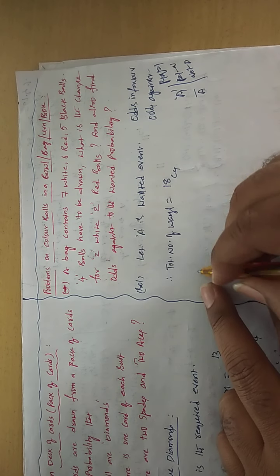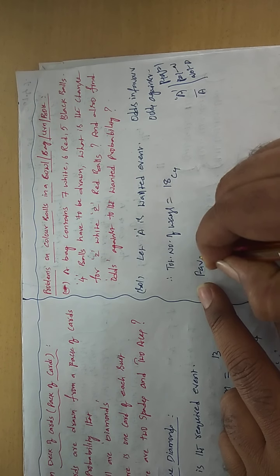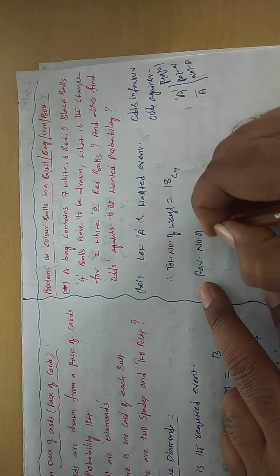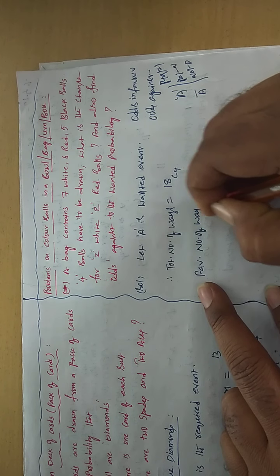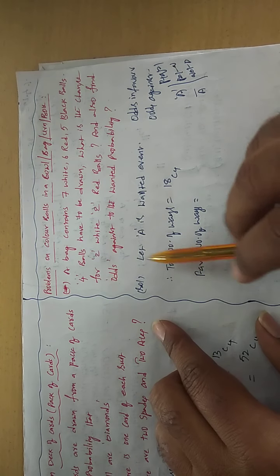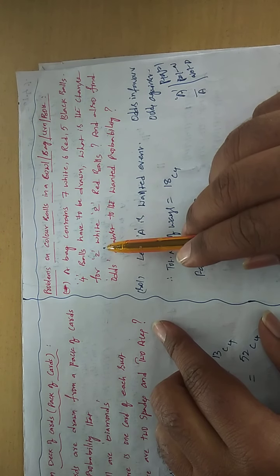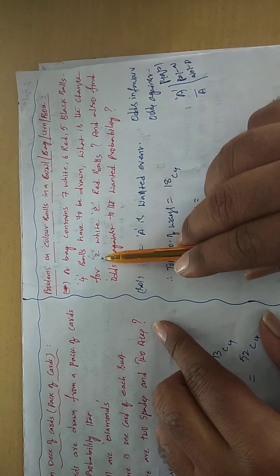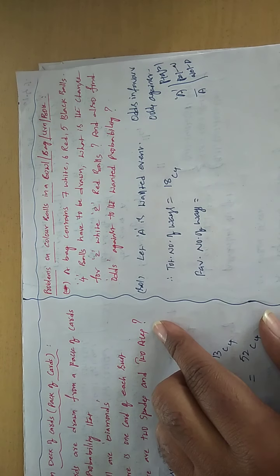Then what are the favorable number of ways? Now be careful when you are finding the favorable number of ways. Here, though 4 balls have been chosen, 2 are of one color and 2 of another color.